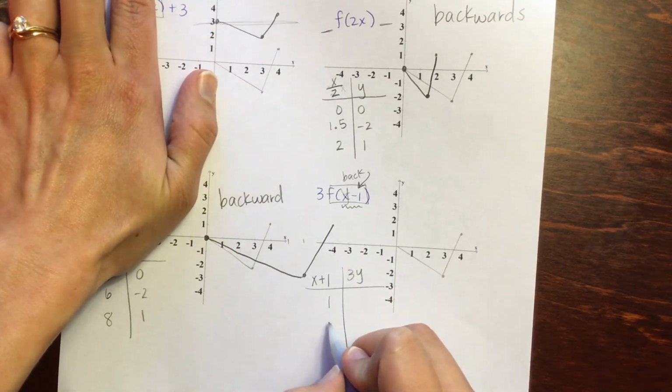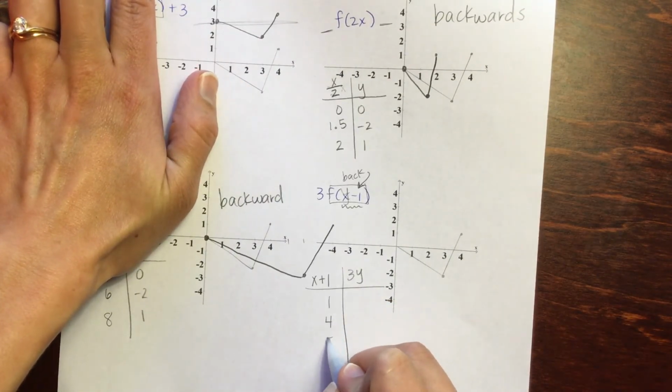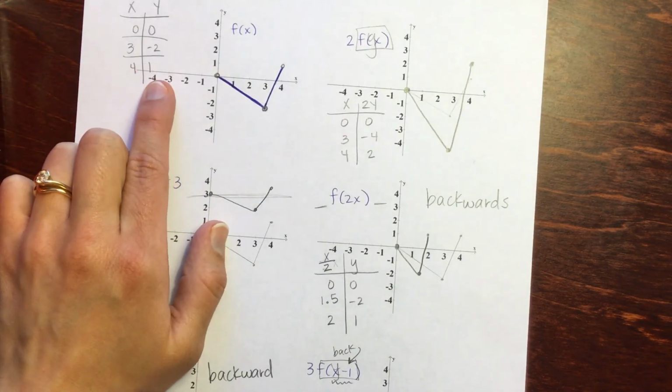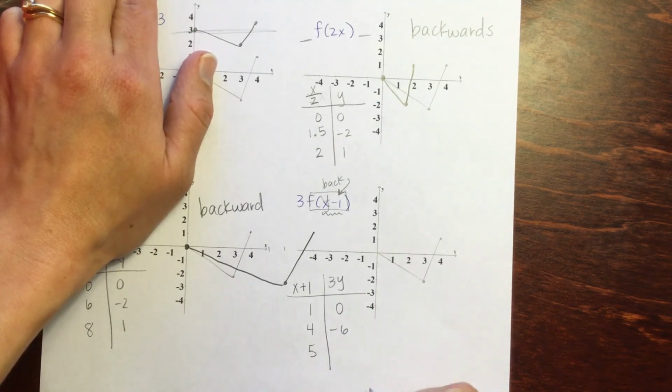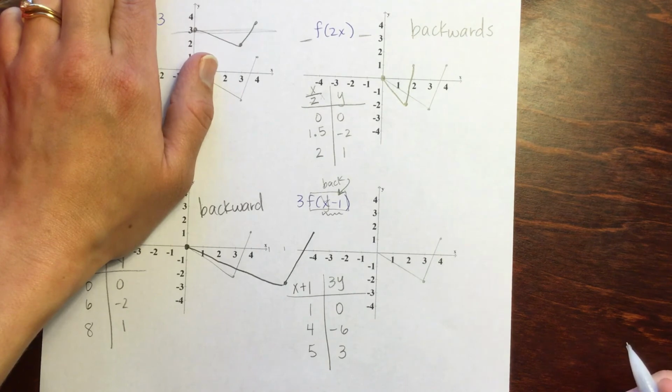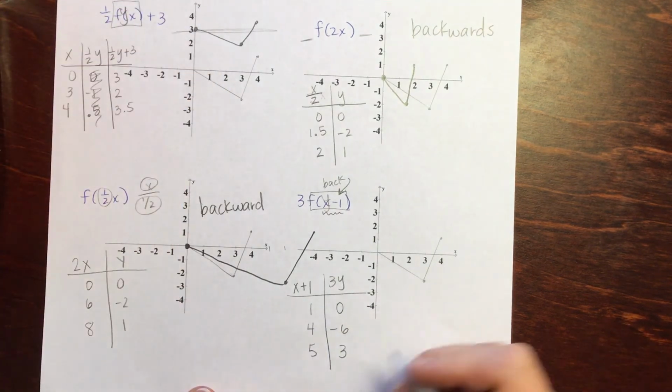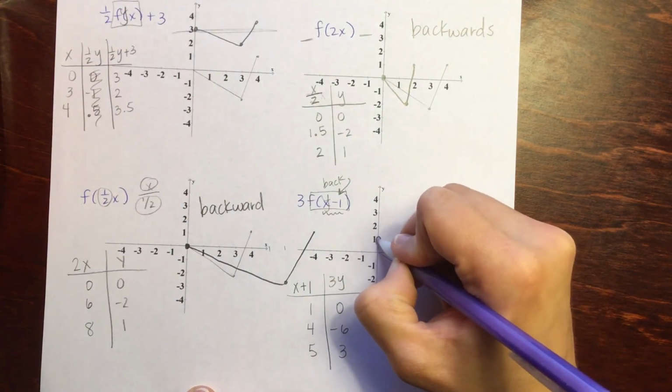So reminder, these are my starting coordinate points, so I'm going to add 1 to these. 0 plus 1, 3 plus 1, 4 plus 1. And these are my original y values. I'm going to multiply them by 3. 0 times 3, negative 2 times 3, 1 times 3. And these are the 3 points I'll plot. So (1, 0).